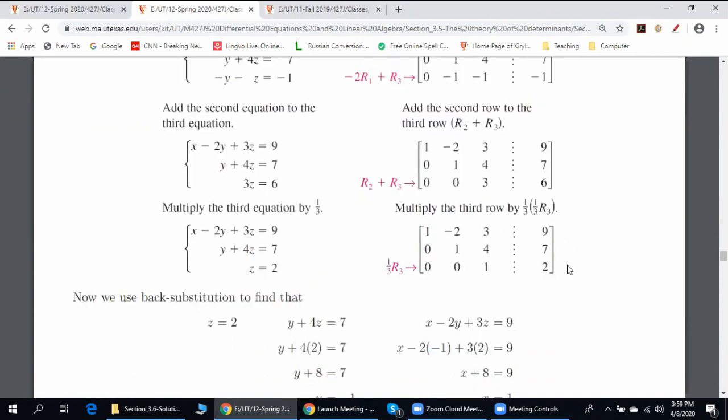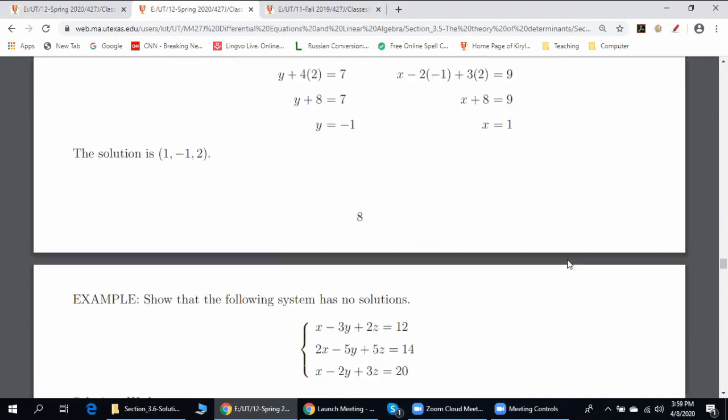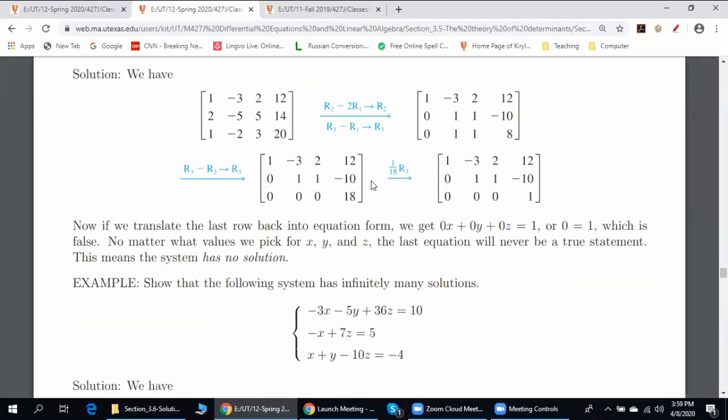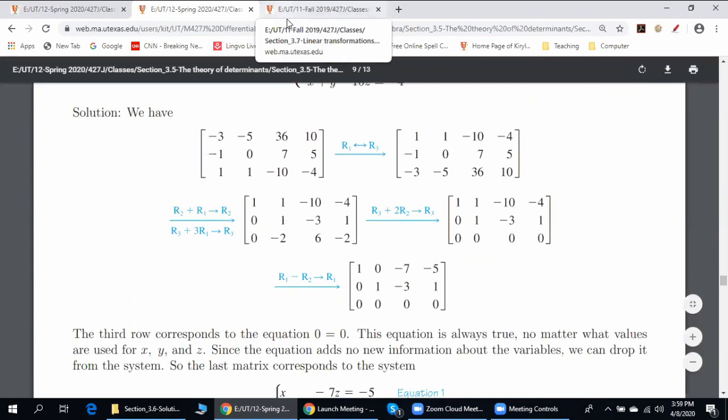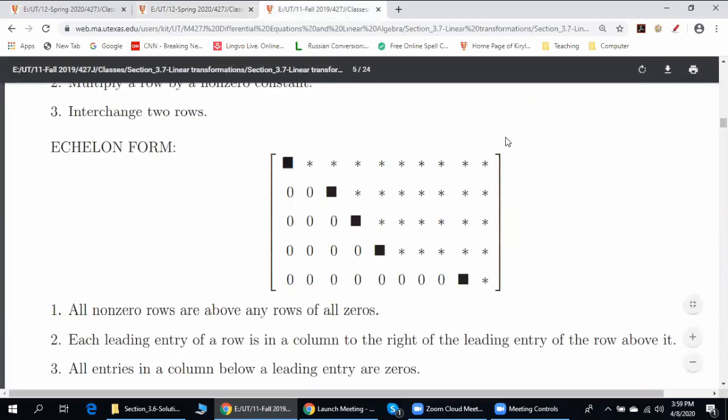Similarly, what is written here is an echelon form, because the next black square is to the right from the previous black square, and to the left and beneath, we have only zeros. So this is the goal, echelon form.